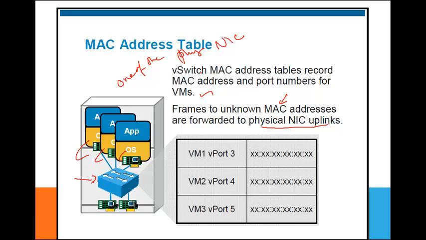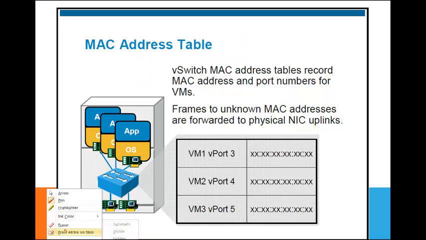Very important, one thing is not mentioned here. Frames to an unknown MAC address are forwarded to the physical NIC uplinks. If I have multiple uplinks and I send it via multiple uplinks, what will happen? If I have a physical switch connected like this, a loop will occur. So it is not going to send out through all the physical NICs.